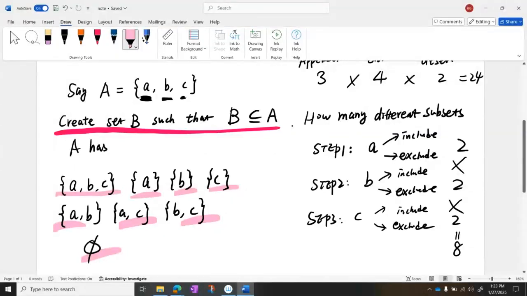My question here is, how many different proper subsets does A have? A has 8 different subsets, and how many proper subsets?